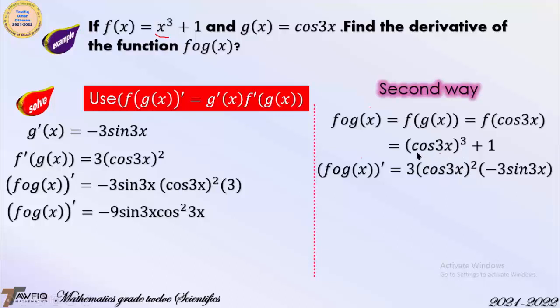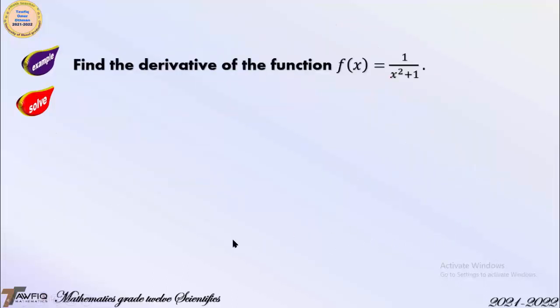That means the derivative of cosine 3x, which is minus 3 sine 3x. Simplified, 3 times 3 is 9, so minus 9 cosine squared 3x sine 3x. As you can see, it is the same answer.